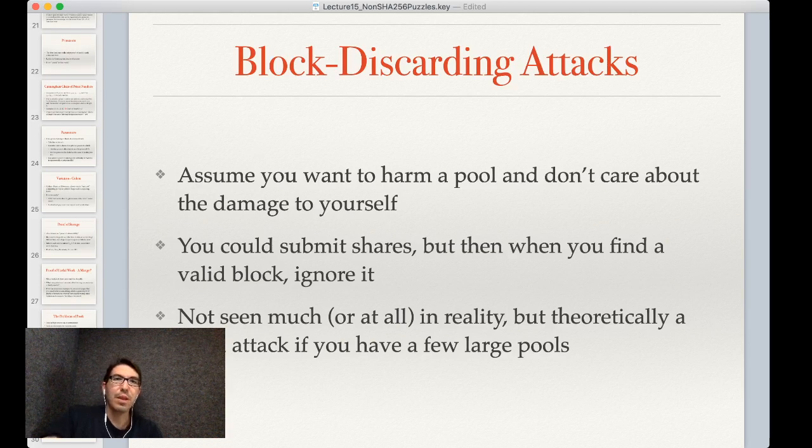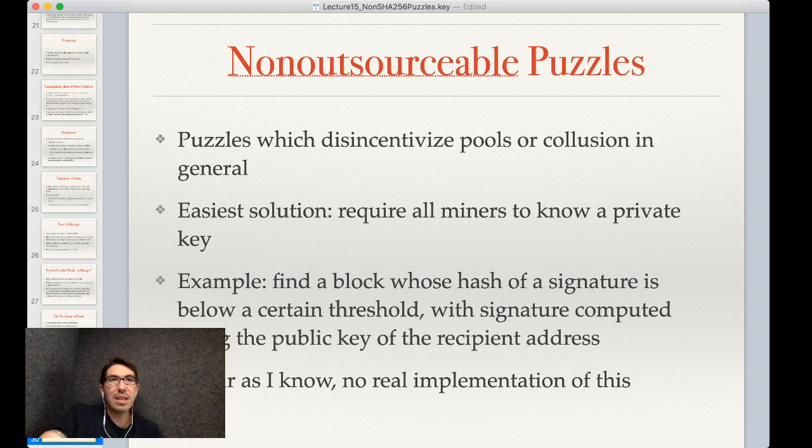So there is this idea of non-outsourceable puzzles, which are puzzles which disincentivize pools. An easy solution for this: if all miners are required to know the private key of the address that they're sending to, well, you might trust some of your friends or family to do this, but you're not going to trust anyone in the world.